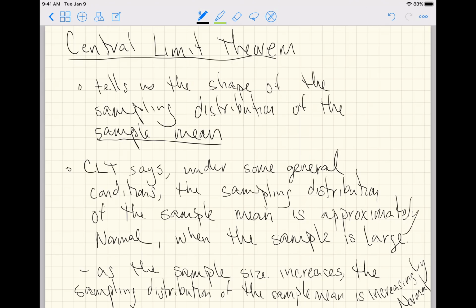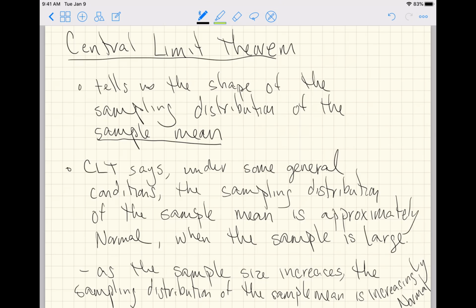The crazy part about the central limit theorem, I know it's hard for you to understand that there's a crazy part yet, but I'm going to try to show you with some examples in R. The crazy part about the central limit theorem is that it doesn't care what the shape of the population is. The population could be right skewed or left skewed or unimodal or bimodal.